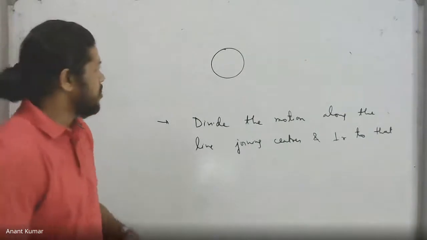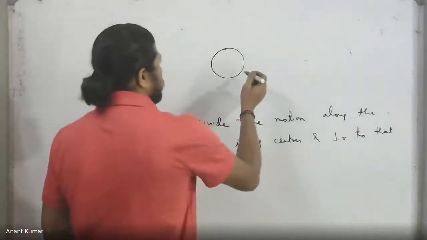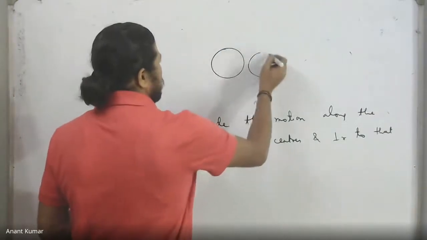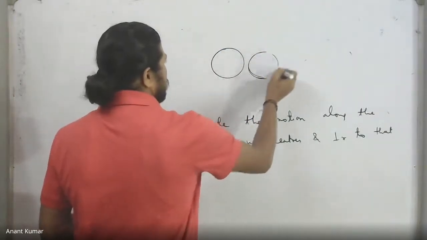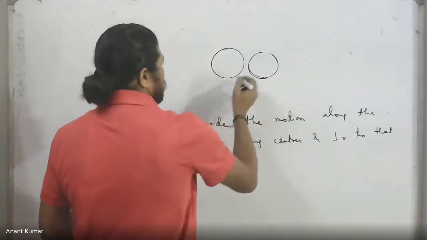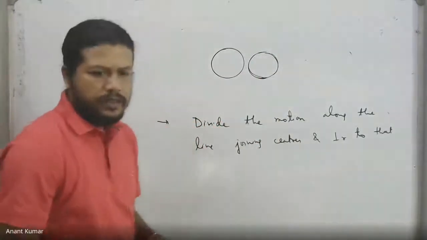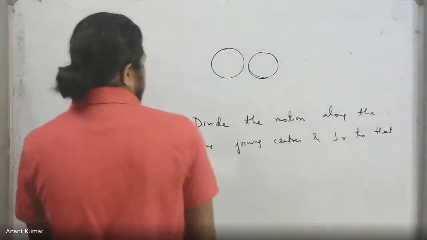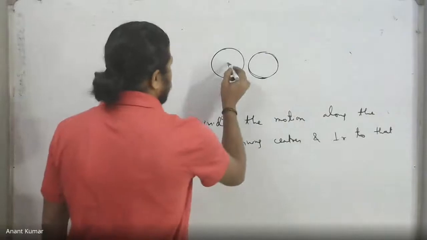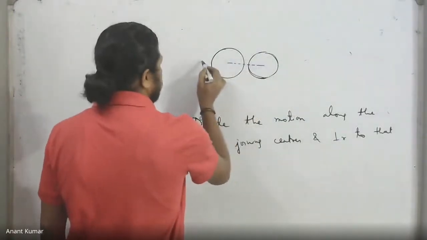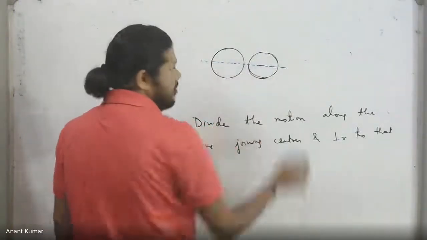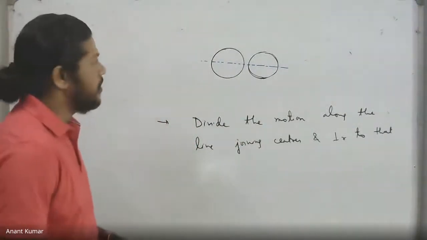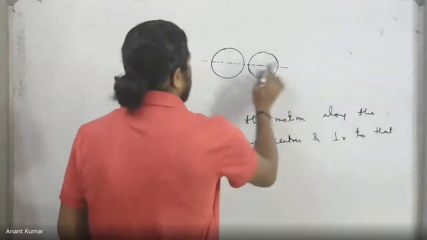Let us say that just prior to the impact, if I consider these two spheres, the velocities with which they are moving make a certain angle with the line joining the centers. That's the line joining the centers.